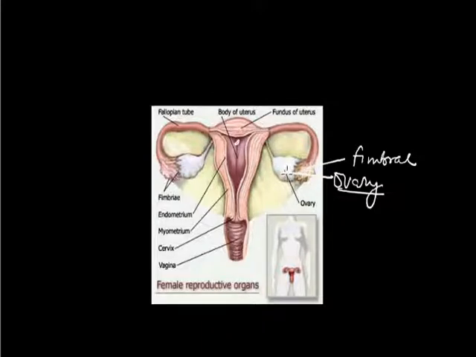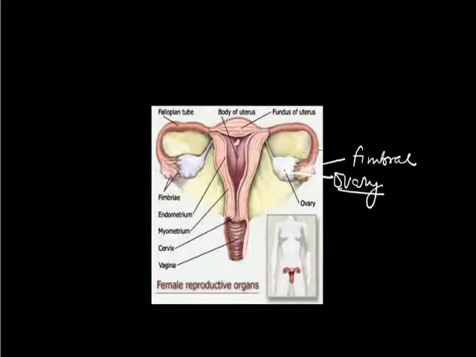Each ovary produces eggs as well as some hormones which are required for maintaining the secondary sexual characters of the female as well as for maintaining pregnancy. This part of the oviduct, which has finger-like processes, is known as fimbriae.